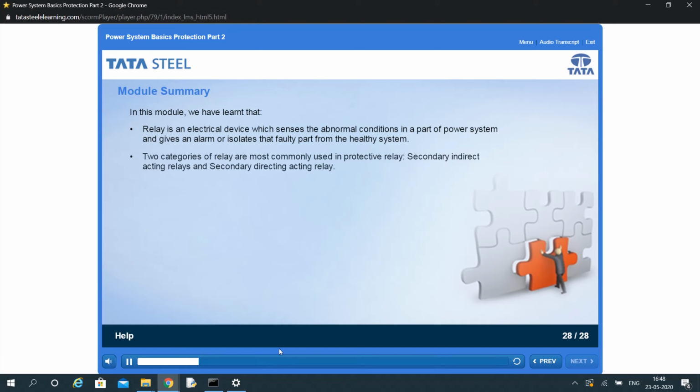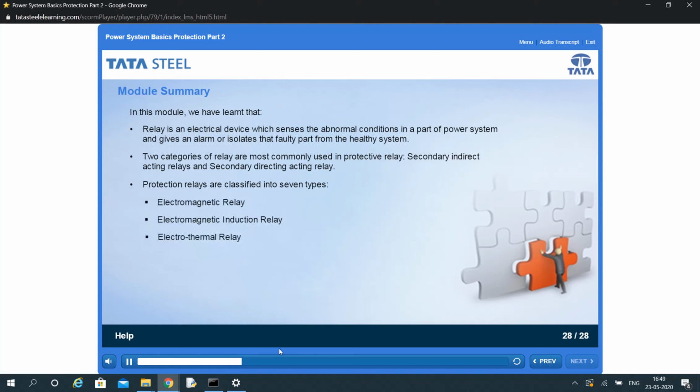Two categories of relay are most commonly used in protective relay: secondary indirect acting relays and secondary direct acting relays. Protection relays are classified into 7 types: electromagnetic relay, electromagnetic induction relay, electrothermal relay, piezoelectric relay or gas-operated relay, static relay, digital relay, and numerical relay.